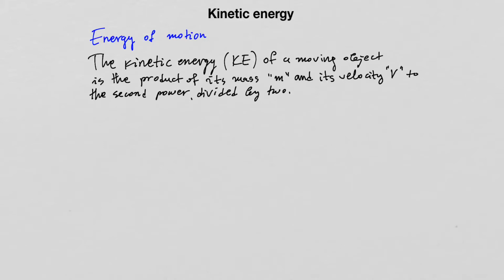So the formula for kinetic energy from the definition looks like so. The kinetic energy of an object is the product of its mass m and velocity to the second power divided by 2.